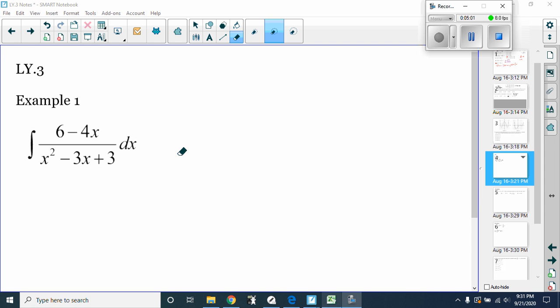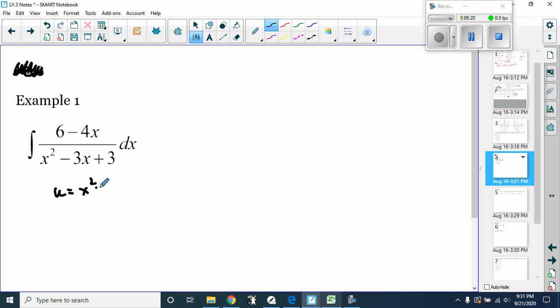And the last example here, I know it says example 1. Asks us for the integral of 6 minus 4x over x squared minus 3x plus 3. Let's use substitute, make u equal to the bottom.